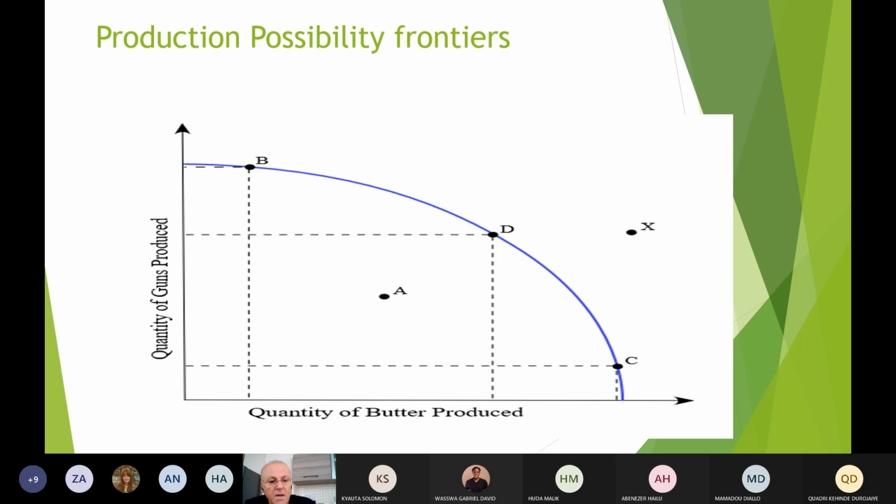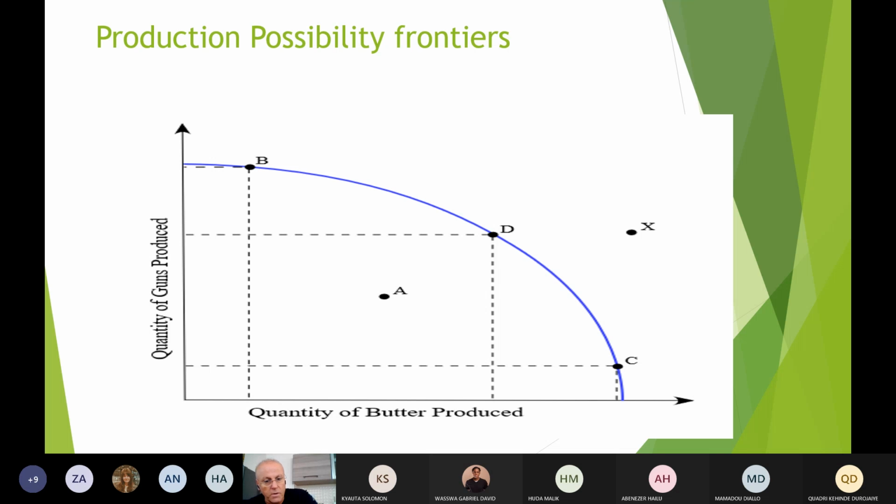As you are observing here, this blue line is the maximum capacity of this production, of this company or this country, whatever you want to call it. It indicates the combination of these two products on this curve. If it is on this curve, it indicates full capacity working or producing. If it is below, let's say at point A, this is not full capacity.